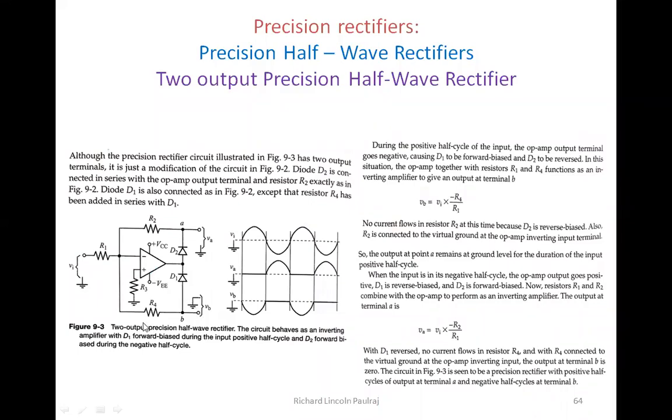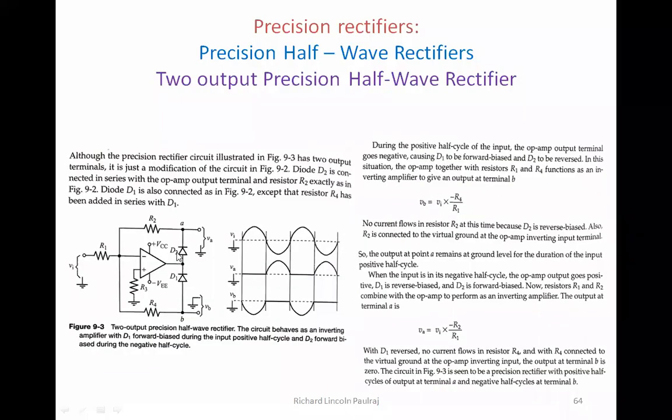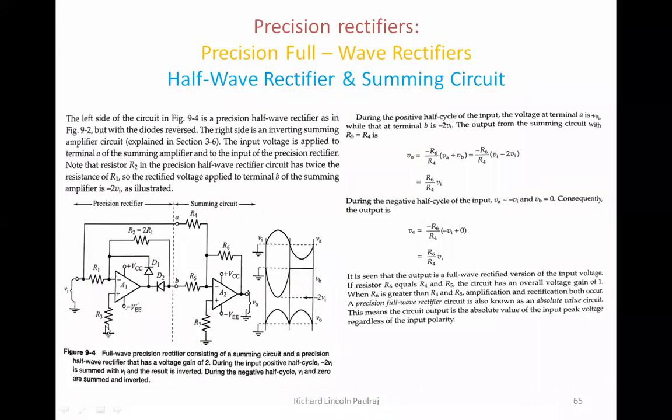And we are having R4 here, R3. So this R2 is remaining the same, R1 also is the same, D1, R2. So diode and resistance, then that positive terminal and I have R3.